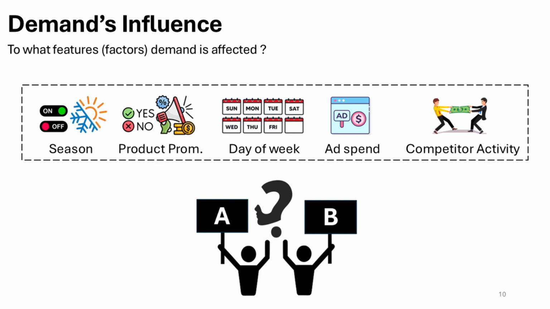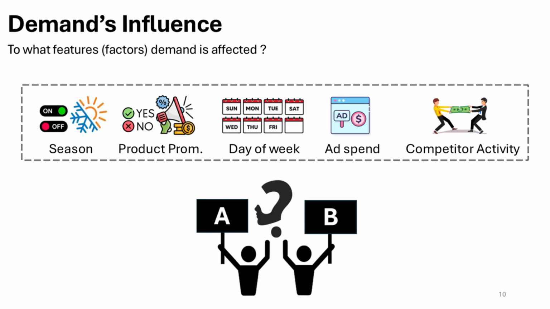Third is the day of the week, as shopping habits often change between a Tuesday and a Saturday. Fourth is ad spend, which is the amount of money we invest in marketing to reach new people. Finally, we must watch competitor activity, because if a rival lowers their price, our demand might drop. By collecting data on these 5 areas, we can teach a machine learning model to recognize the patterns that drive our sales.